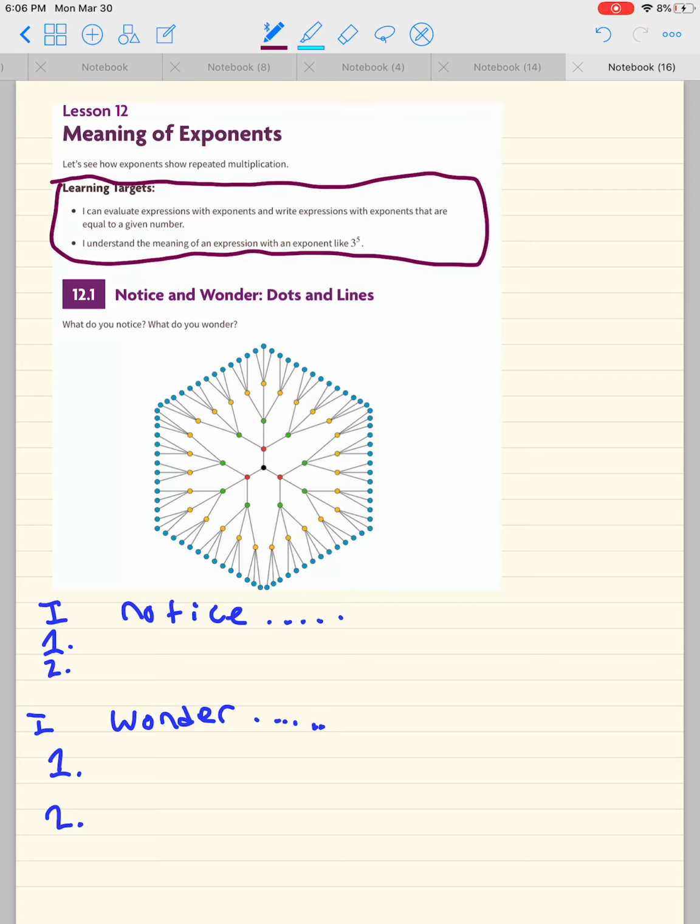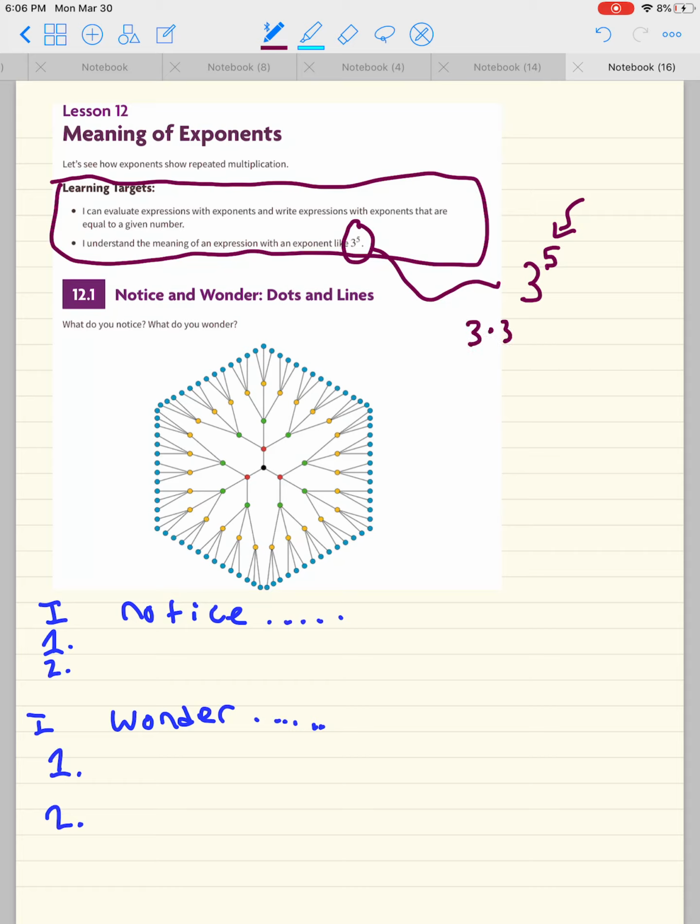So just to kind of front load some information, 3 to the 5th power is an exponent. It's written like this. Notice the 5 is in the tiny little corner right there. That's 3 to the 5th power. And what that means is 3 times itself 5 times.